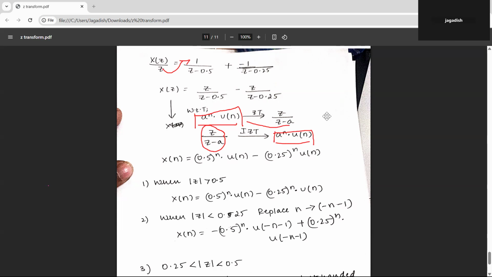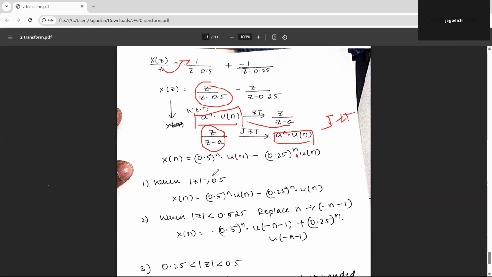This and all are inverse Z-transform formulas; I have sent the list of formulas, so do remember them. So x of n: what is the a value here? It is 0.5, so 0.5 whole power n into u of n. Here the a value is 0.25, so 0.25 whole power n into u of n.